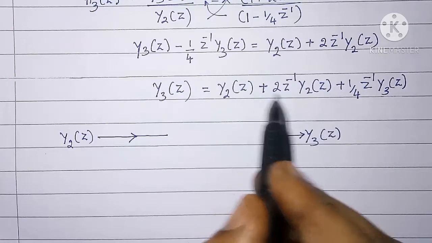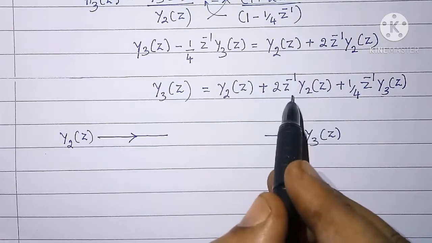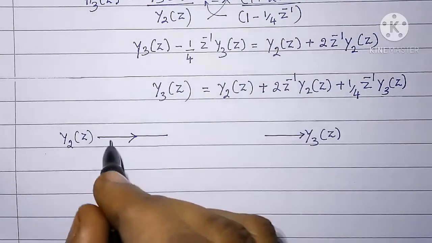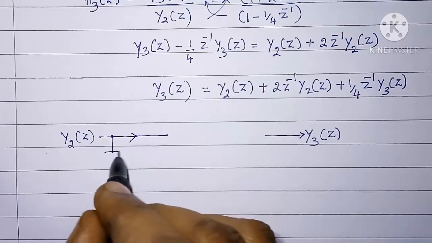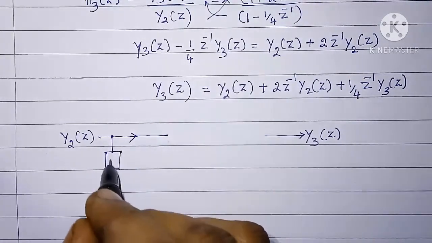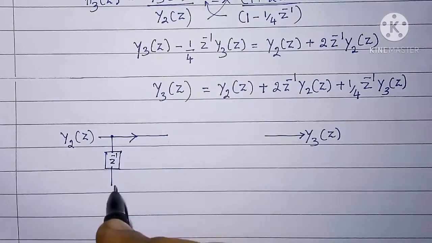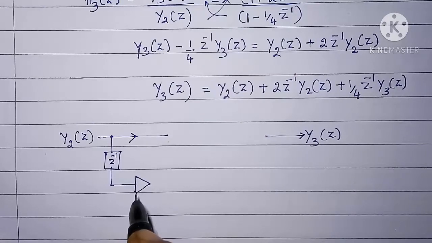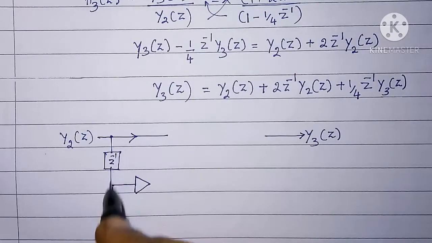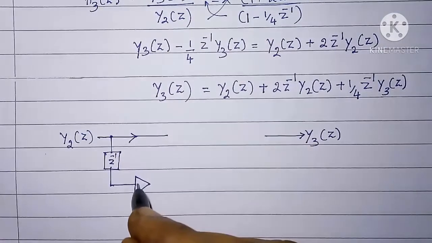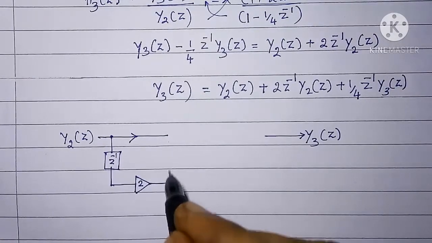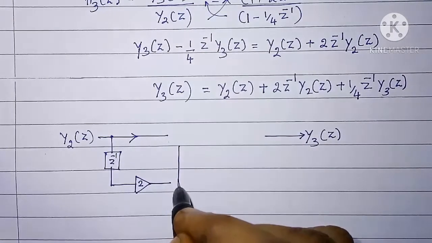To y2 of z I have to add z raised to minus 1 into y2 of z into 2. So tap y2 of z, delay it by one sample, then multiply the output of this delay box by 2 and then add it to y2 of z.